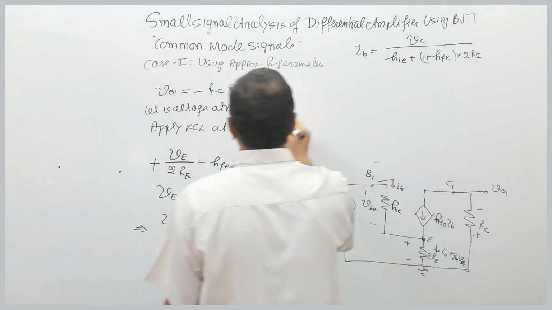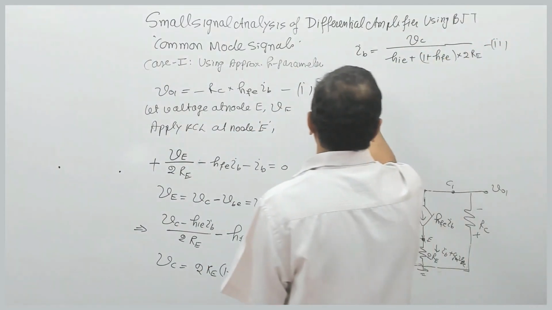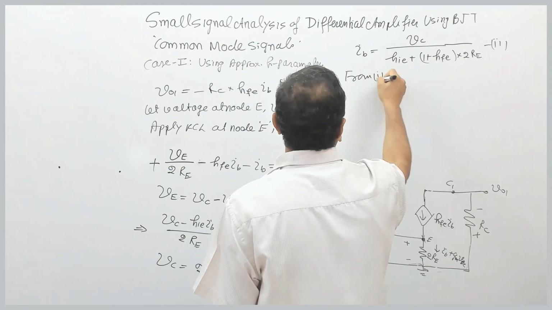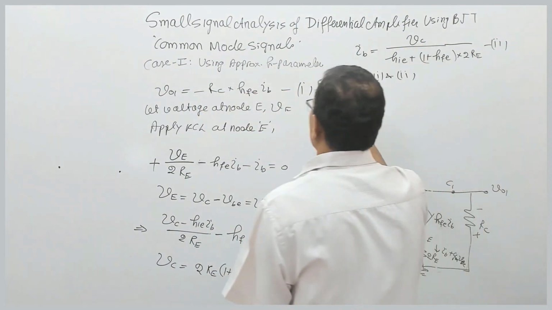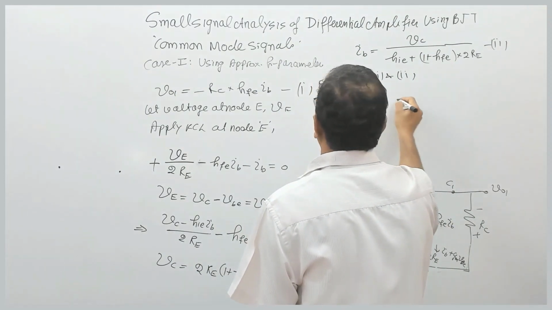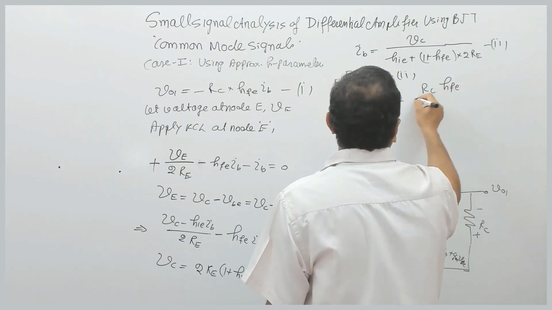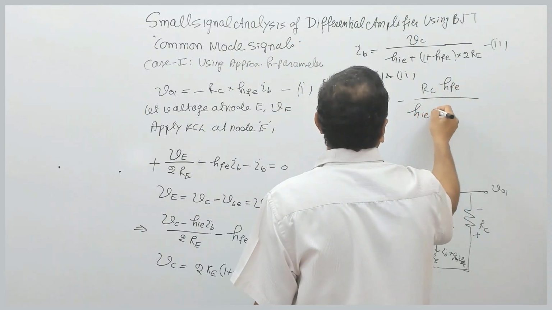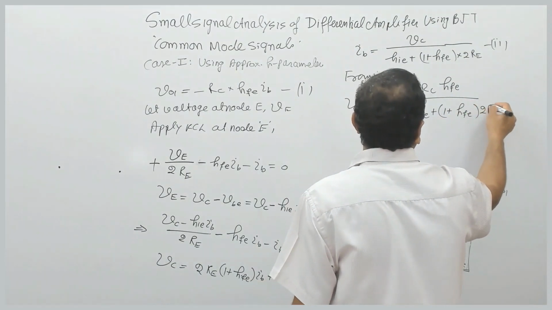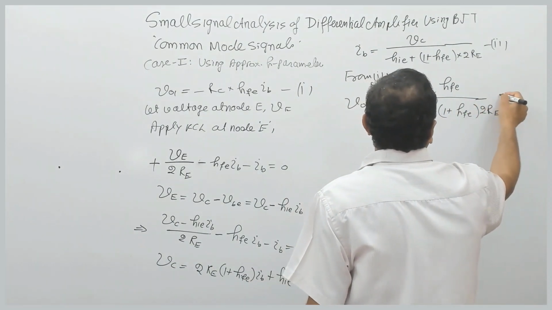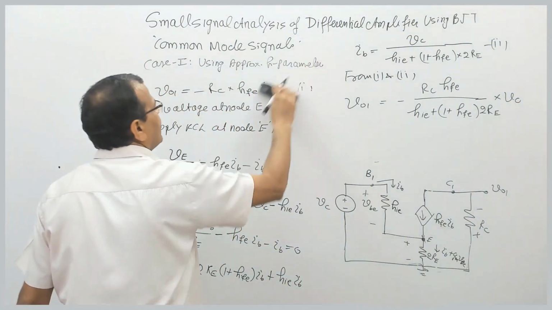That's it. So this is equation number 1, this is equation number 2. So from first and second, what do we get? I get V0 in terms of VC, that gives V01 is equal to minus RC into HFE divided by HIE plus 1 plus HFE into twice RE multiplied by VC.